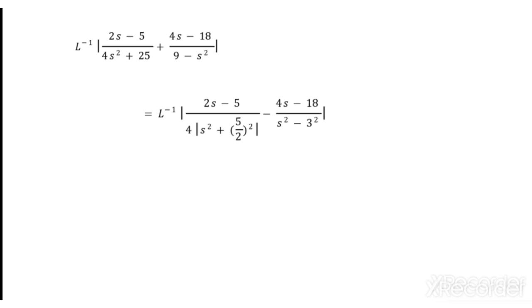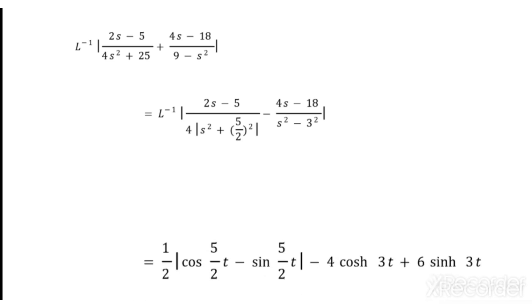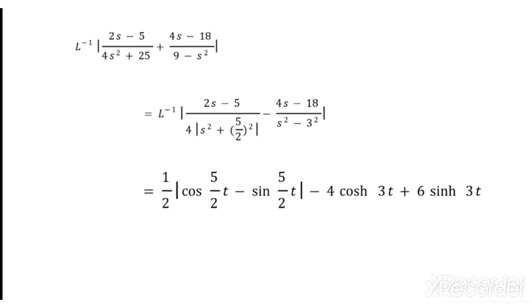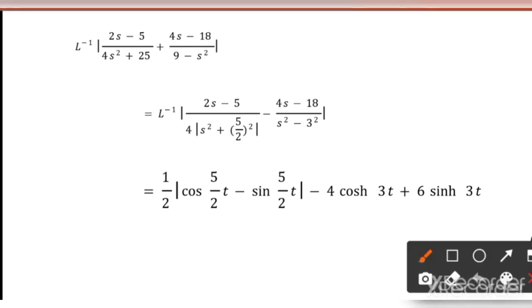So we can write s square minus 3 square directly. In the first thing, half is common because from this I can take 2 out, so that 2 by 4 is 1 by 2. What remained is s by s square plus 5 by 2 the whole square.